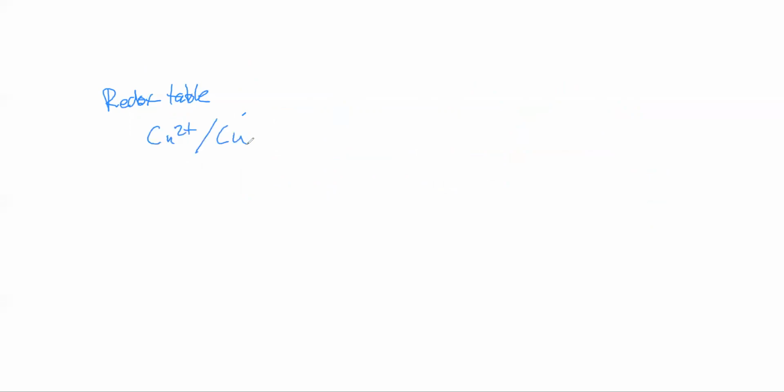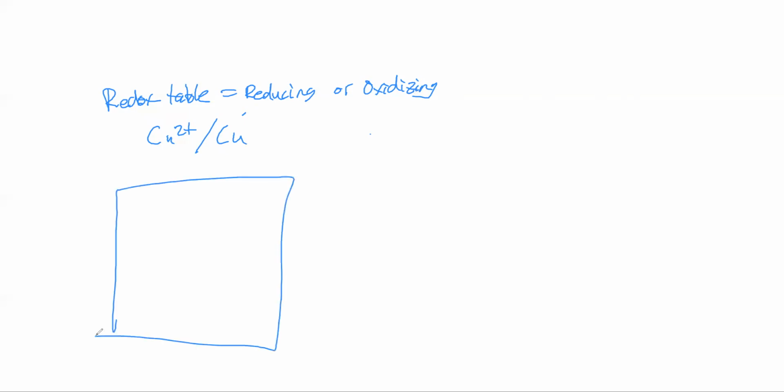So we can write these all in the same way. Right? We can either write them as reducing or oxidizing. And in general, we're going to write them as a reducing table. Right? What that means is at the top, inside of our box, the top left is going to be our strongest oxidizing agent.